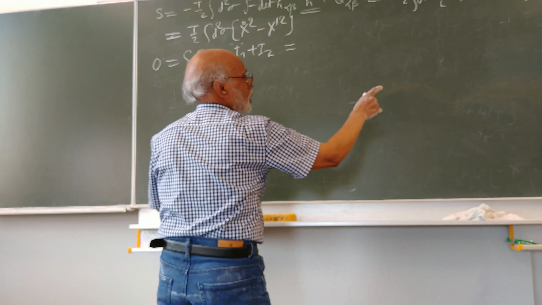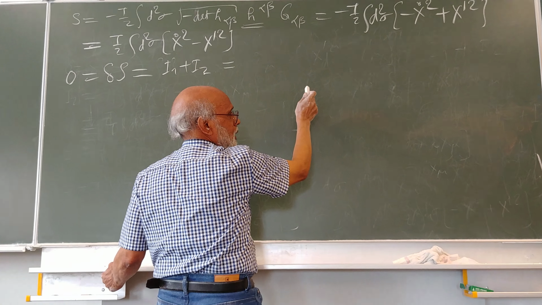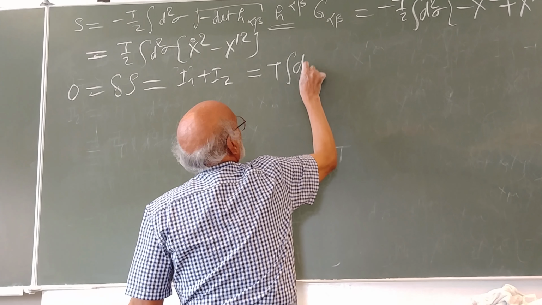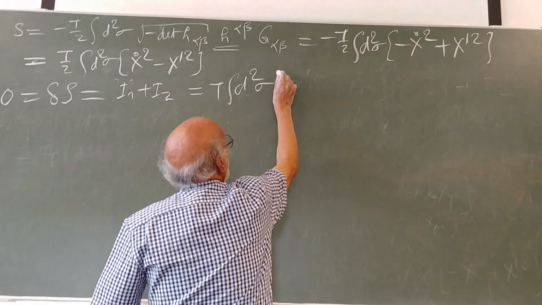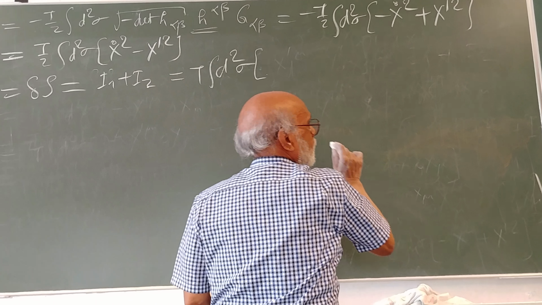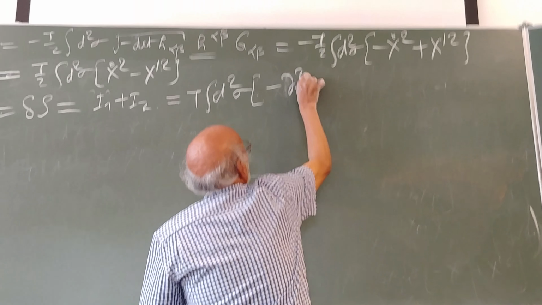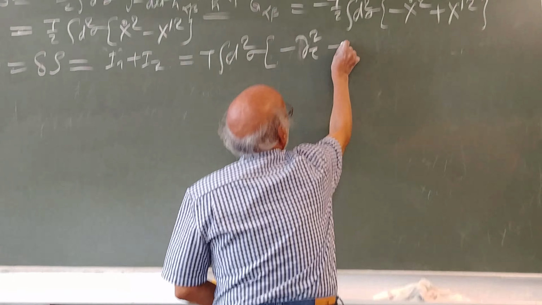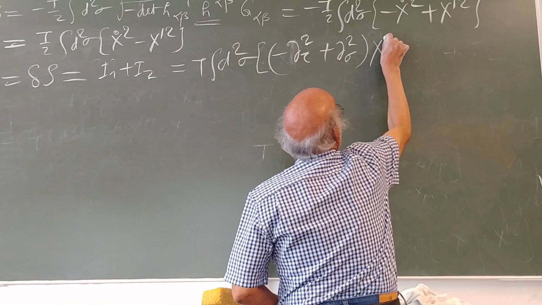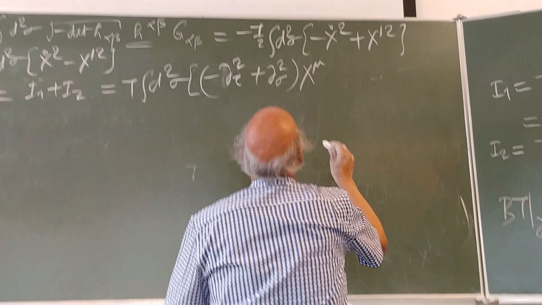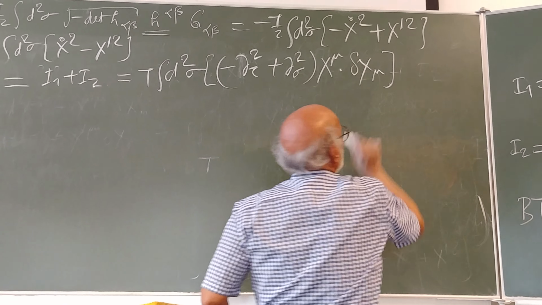So let me combine those two terms there, which would be T d2 sigma into minus del tau square plus del sigma square x mu into delta x mu.